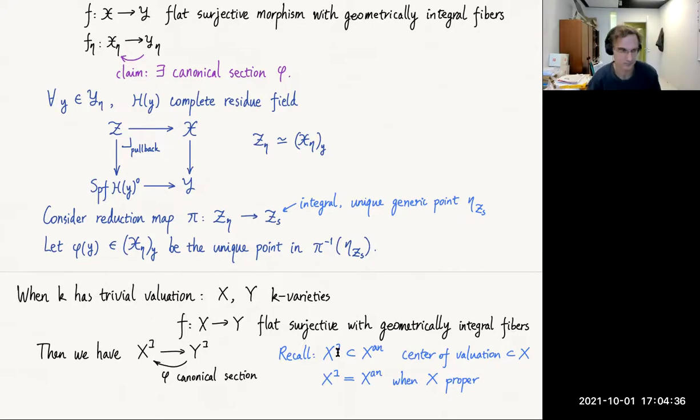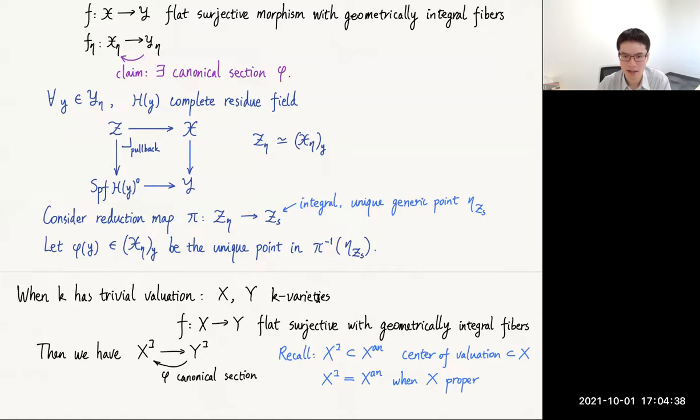In this case of K-varieties, it's a subset of the generic fiber of the formal scheme, consisting of valuations whose center is inside this variety. If it's proper, the center is always inside, so they are equal.